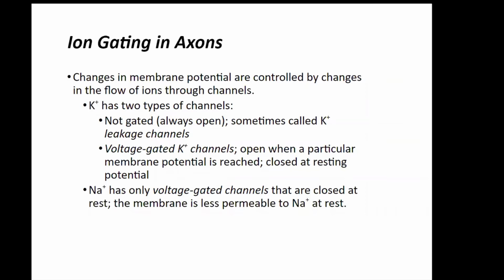Which means that we have to know what channels are allowing ions to flow, because whatever ions are flowing is going to determine which direction that membrane potential is going to shift.